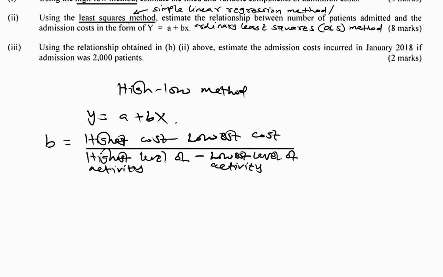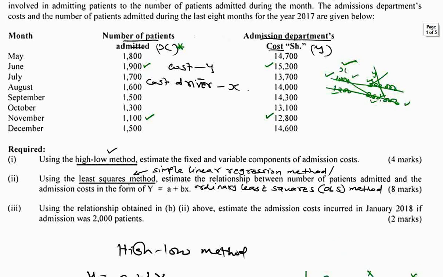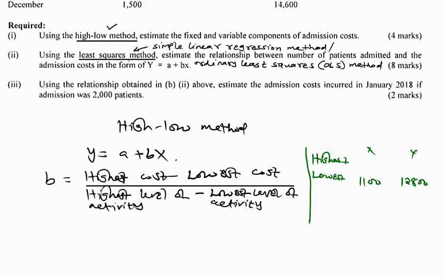So let's identify that somewhere here, the highest and lowest, for X and Y. The lowest is 1,100 with 12,800, and the highest 1,900 and 15,200. Good.